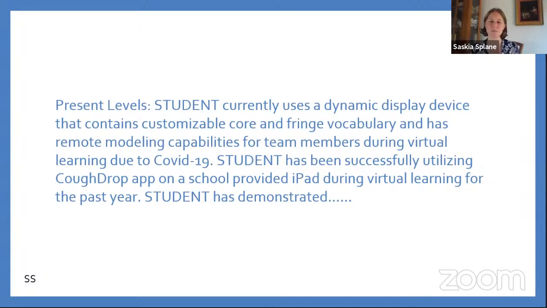Student has been successfully utilizing the Cough Drop app on a school-provided iPad during virtual learning for the past year. Student has demonstrated all the skills they have developed this year. And then obviously the goal would correspond to whatever the student needed.